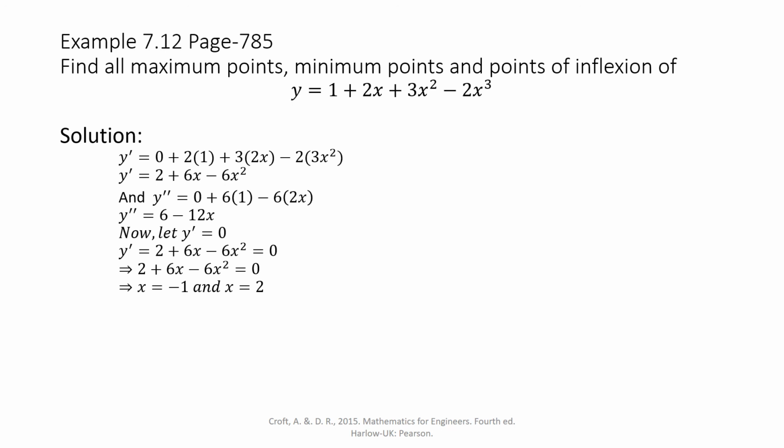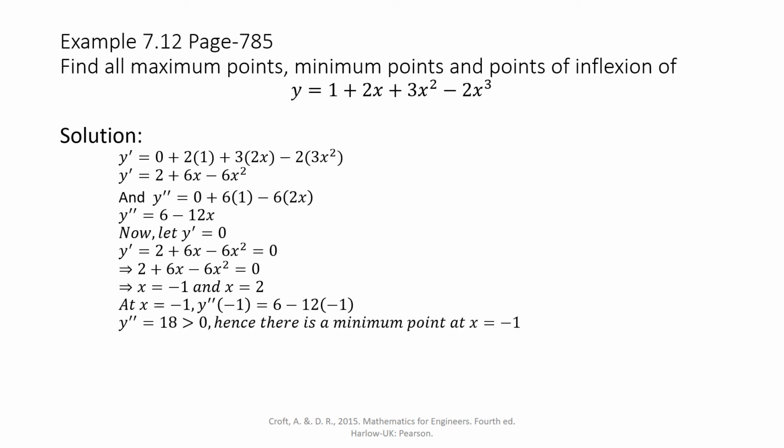Now we need to determine if x equals -1 is a maximum point or minimum, the same way that we will also determine for 2. So at x equals -1, the second order derivative is positive, greater than 0. When it is positive, the concavity is up, which refers to the minimum point.